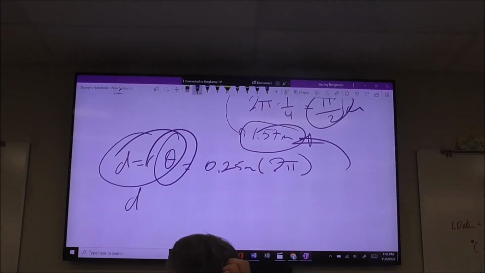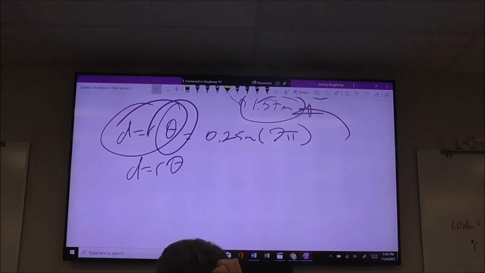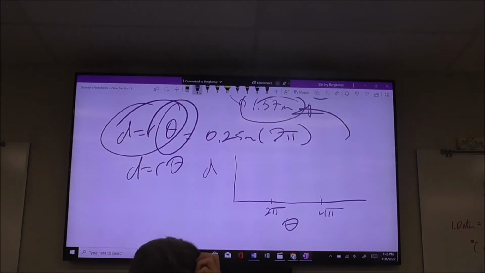D equals R theta is a linear function. You go, no, it's not. Sure it is. Okay? So we're going to put distance here, and we're going to put theta here. So we could do 2 pi, and then we could do 4 pi, okay?